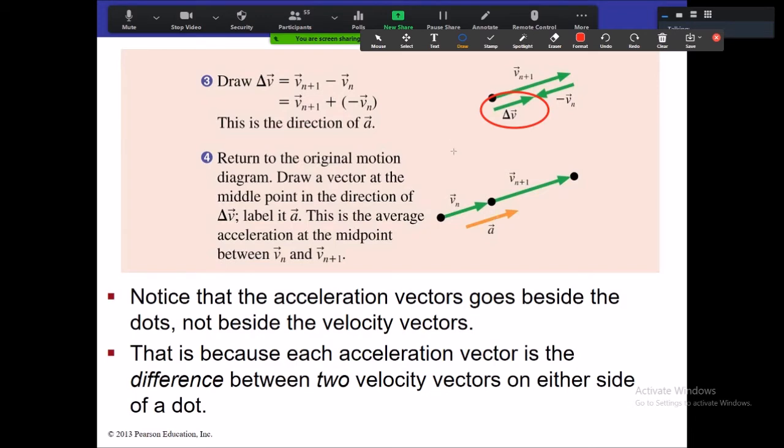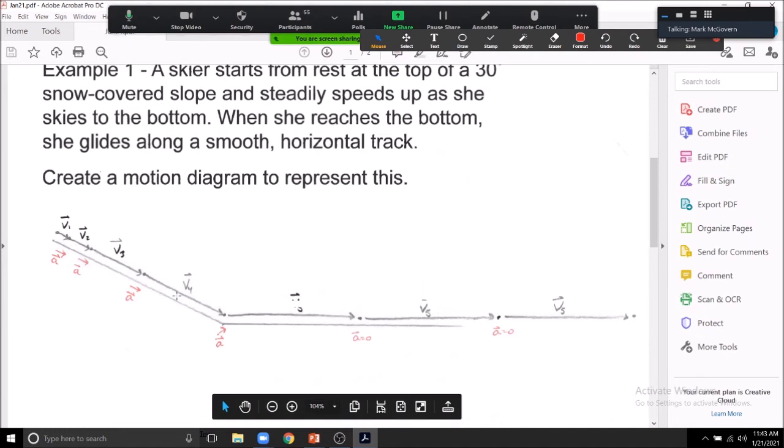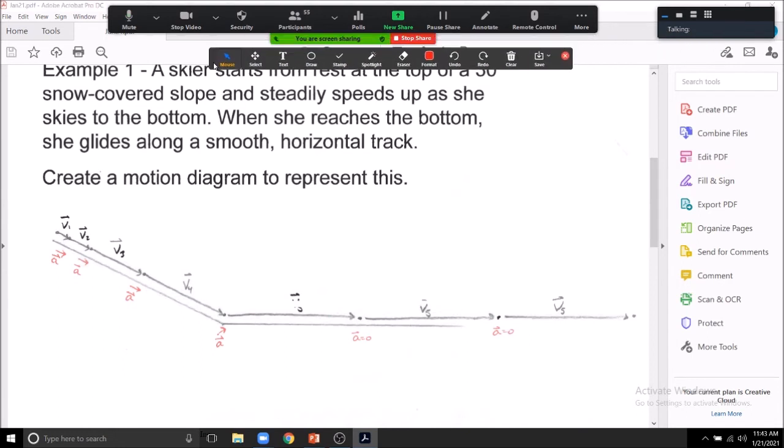Okay. So if I go back to my original picture, I can throw in now my acceleration vectors. Let me just give an example of how I would draw one. Look at vector 3 and vector 4 here in the picture. I'm screen sharing. To figure out the acceleration between 3 and 4, vector 4 is already drawn out, obviously.